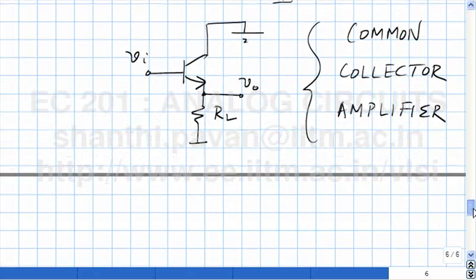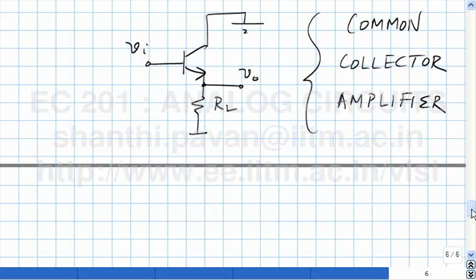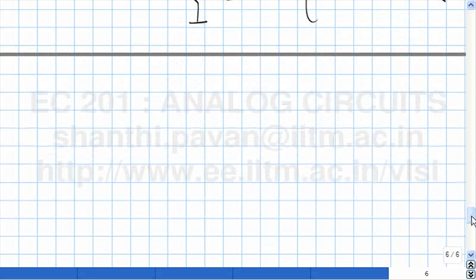The next thing is to, in painful detail, work out the various things when Gm is not infinity, okay, and when beta is not infinity. So this is a little more painful than what we were used to in the MOS case, but we should do it anyway.